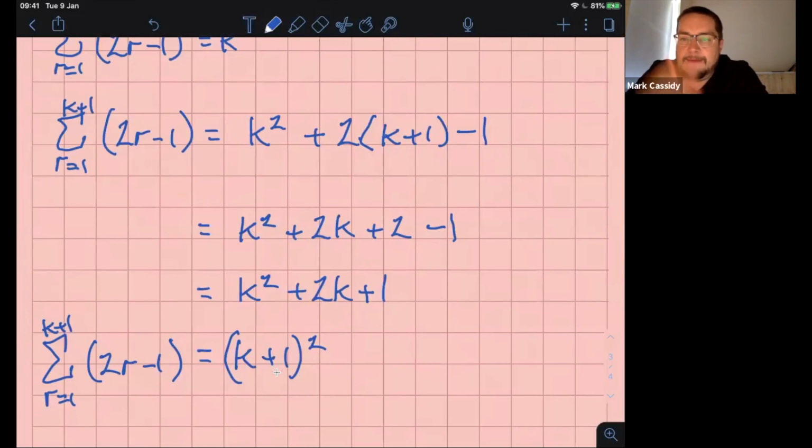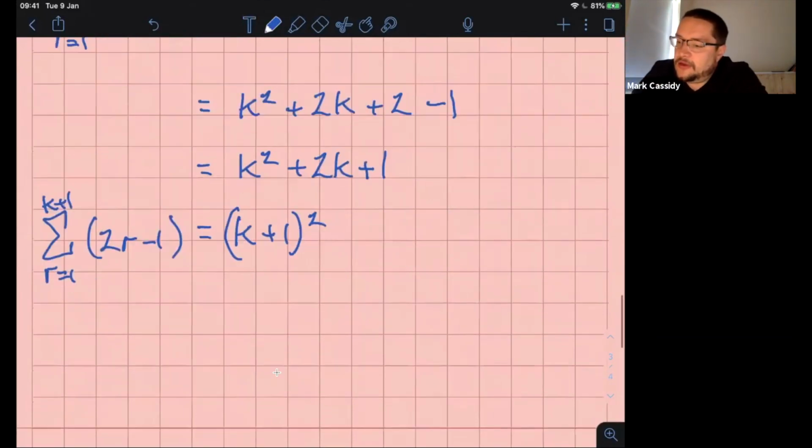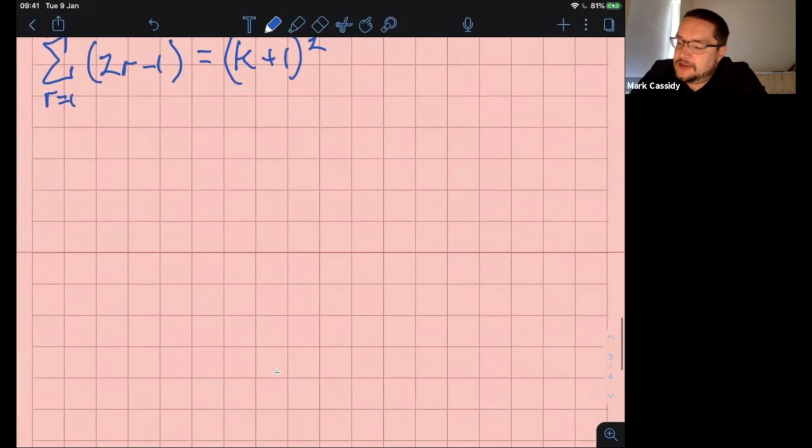Now, let's think about what that means for a second. So at the very start, we showed that it was true for number 1. It was true where n equals 1. And then what we showed is that assuming it's true for some number, it will be true for the next number. So what that means is that if it's true for the number 1, then it's going to be true for the number 2.